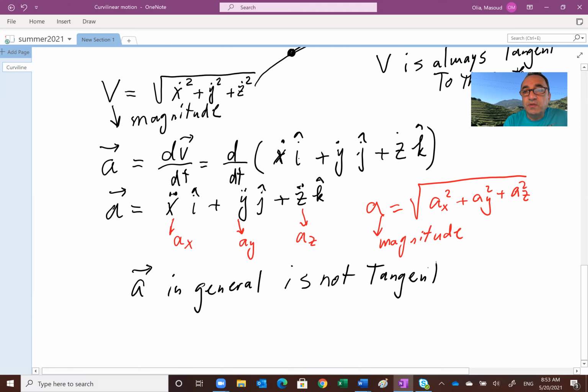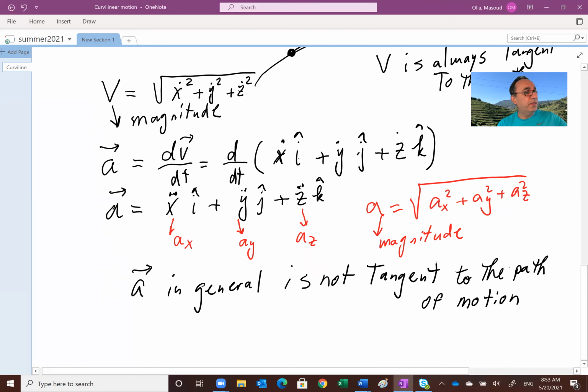We'll see. This will make more sense when we look at the other coordinate systems, guys. All right. So that's it. That's just the description of velocity and acceleration in this coordinate system, Cartesian. Of course, if you have a two-dimensional case, just get rid of the z component, right?